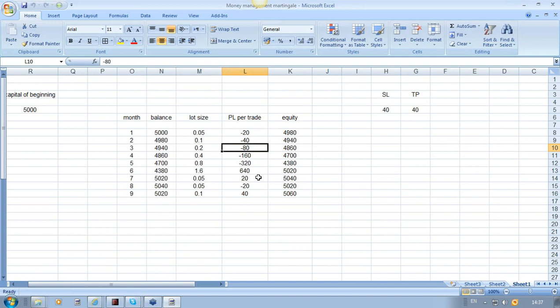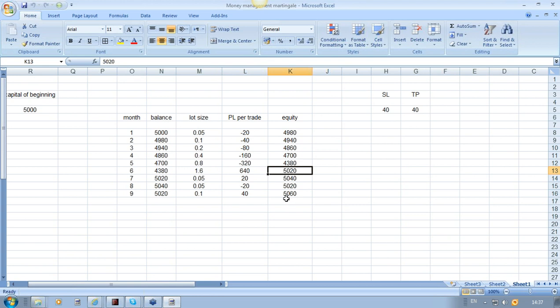Then minus 80, and again, and again. I'm here now, and finally I got 40 pips profit, right? With $16 per pip. And my account grows to 5,020.